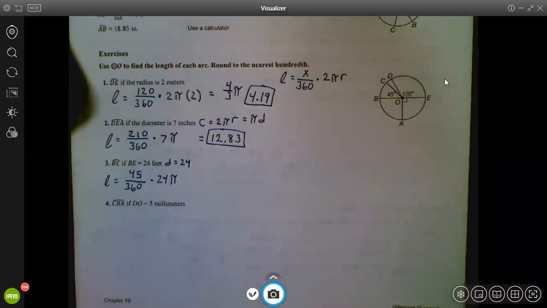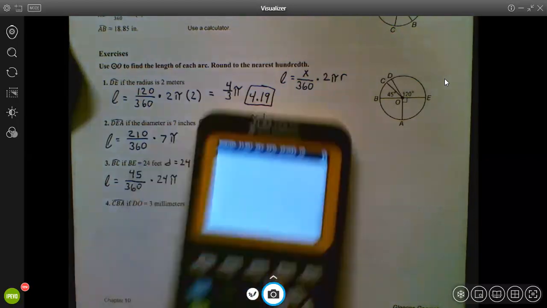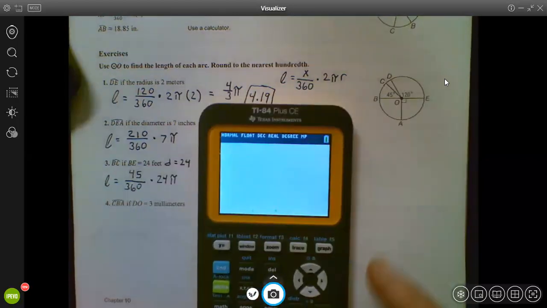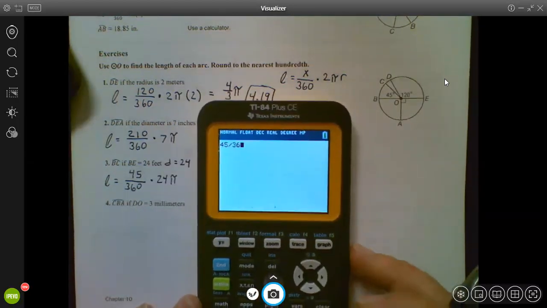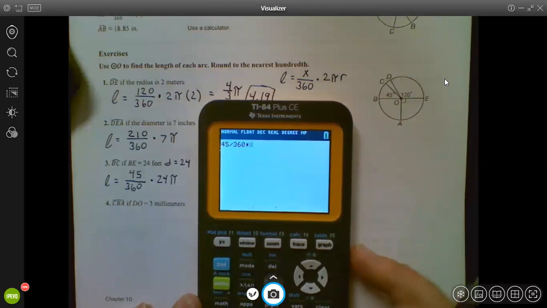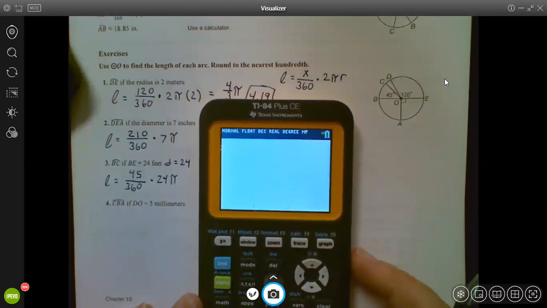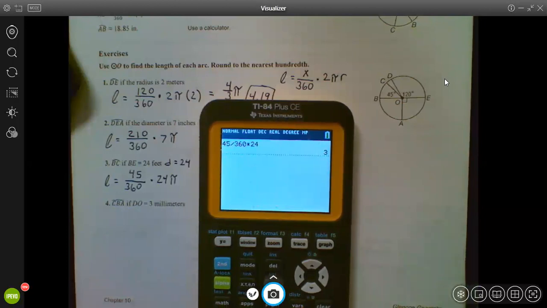So guys, I want to first try this as what would that look like if I wanted to just leave pi as pi, right? Let's keep it in exact terms first. So if I just did 45 over 360 and I multiply that by 24, I get 3.